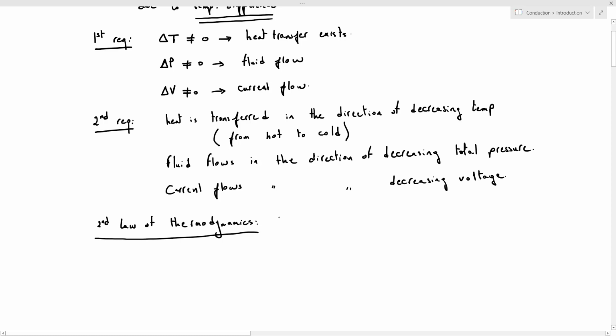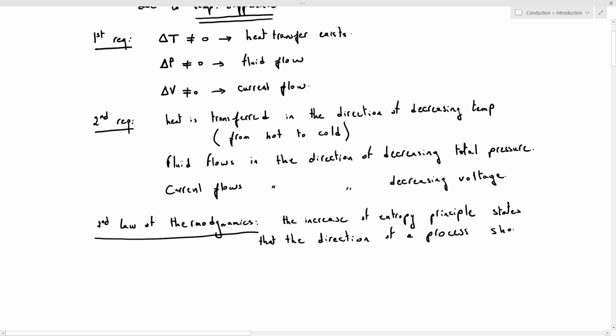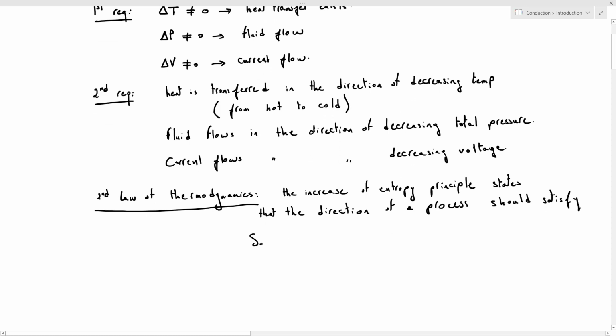The direction of a given process should always be in the direction of the increase of entropy principle, which states that any process should satisfy the equation that the entropy generation should always be greater than or equal to 0.